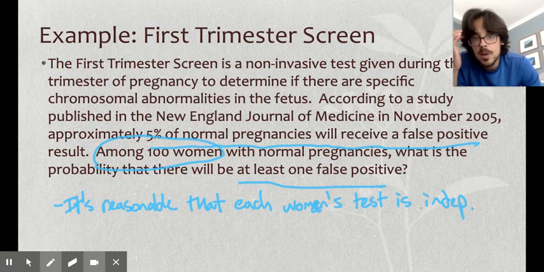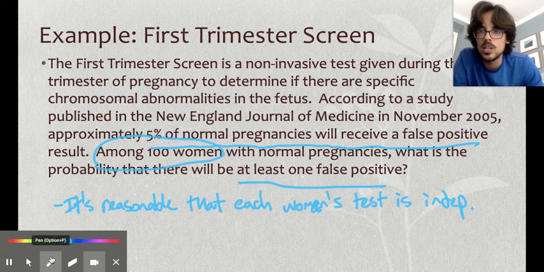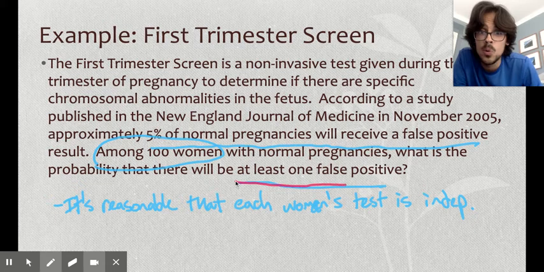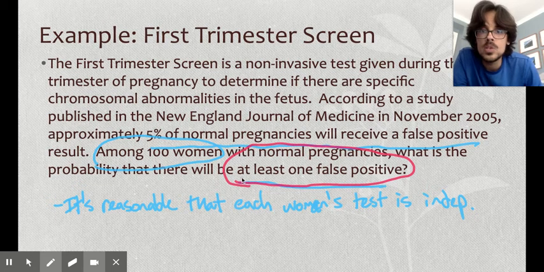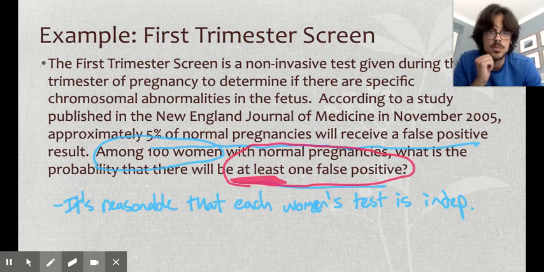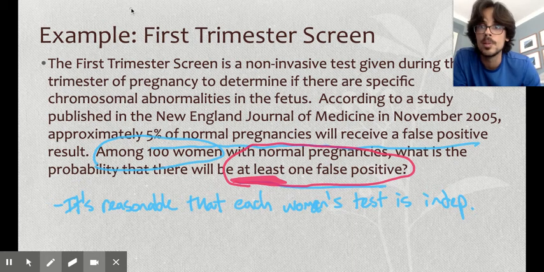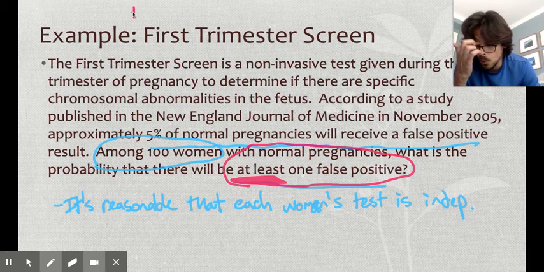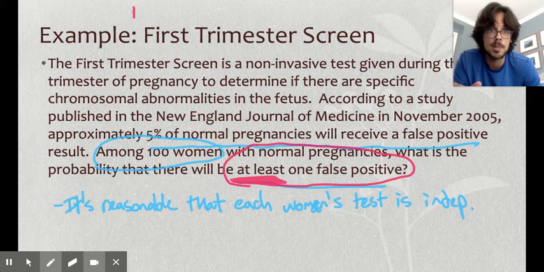The other thing about this problem is they're asking kind of a tricky question. What is the probability that out of 100 women, at least one of them will be a false positive? Words like at least or at most are tricky words that should signal to you that you're going to use a little trick I'm about to teach you. At least one false positive is crazy because what that would mean is I would need to find the probability that exactly one woman out of 100 has a false positive.